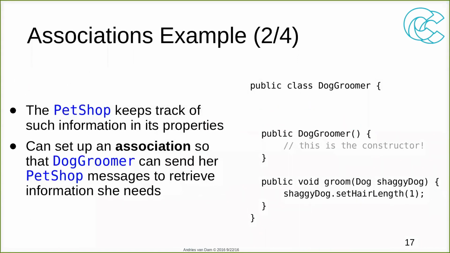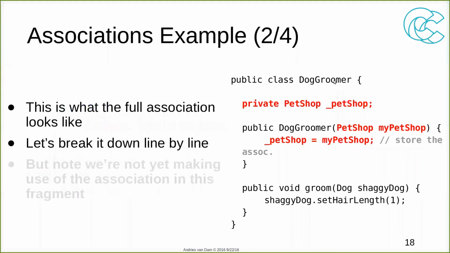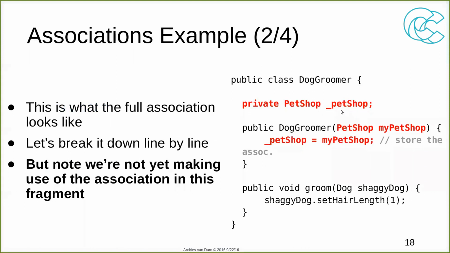So there's a one-way association, so to say. So pet shop knows about dog groomer, but the dog groomer does not know about pet shop. So in order to have the two-way association, we need to have the instances created within dog groomer as well. So when you create an instance of pet shop in the dog groomer, now there's a two-way association.